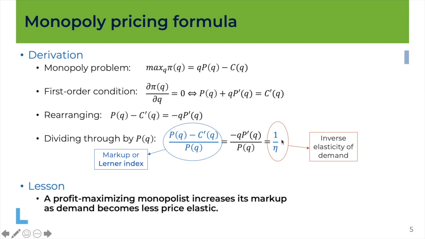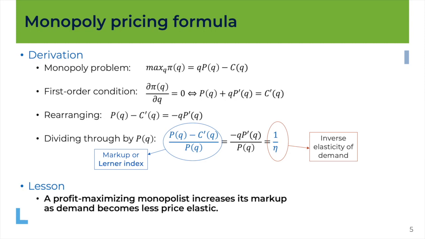And if the right-hand side of the equation increases, so must the left-hand side, meaning that this ratio here must increase, or in other words, that the markup increases, or again, in other words, the firm is able to set a price even above the marginal cost, or higher than the marginal cost than before.